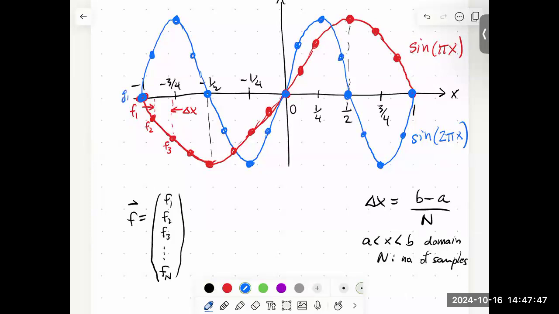Here is g1, g2, g3, sampled at the same intervals. So my vector g will be g1, g2, g3 up to gn.